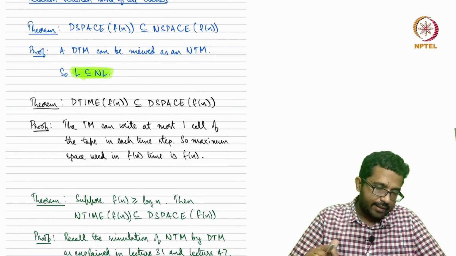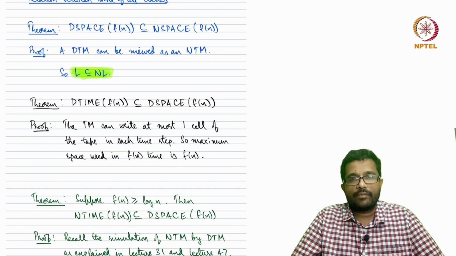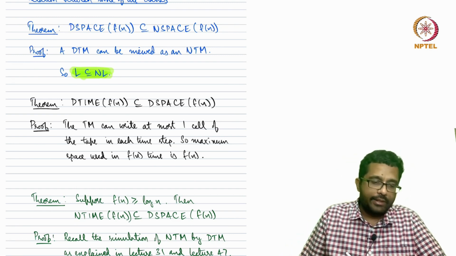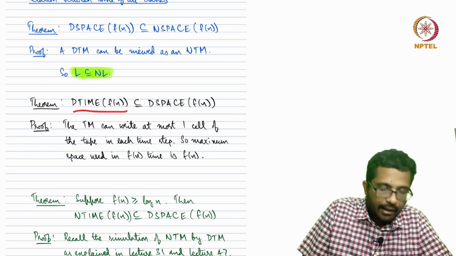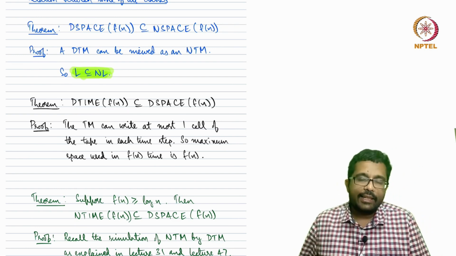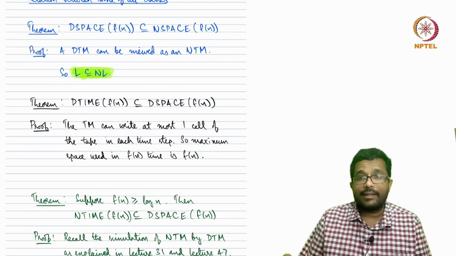Now the next thing relates deterministic time and deterministic space. Suppose there is a language that requires O(f(n)) time to decide. We are saying that it can also be decided in O(f(n)) space. This is also fairly simple.